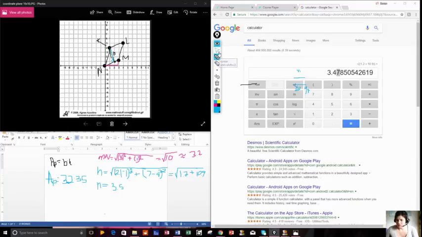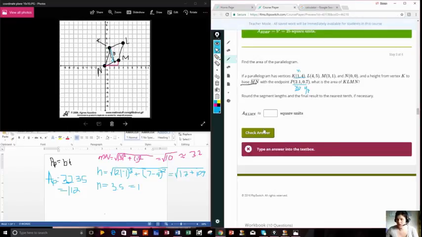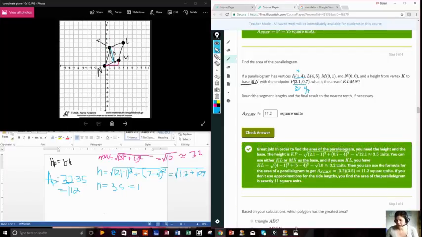So 3.2 times 3.5 equals 11.2. Alright, so 11.2, and there we have it.